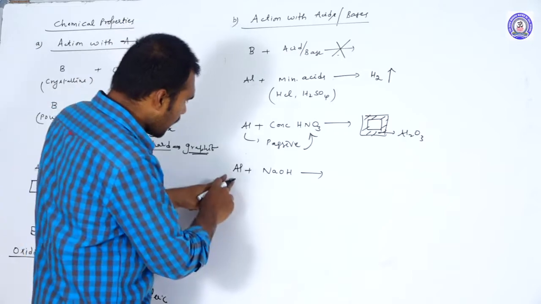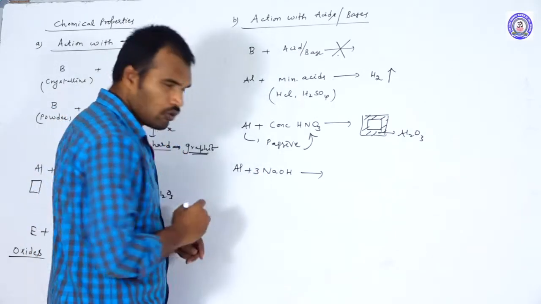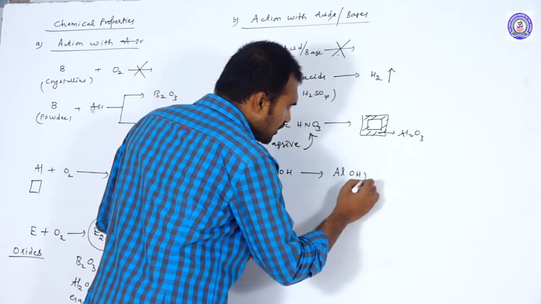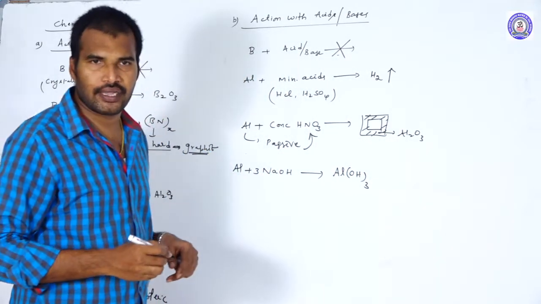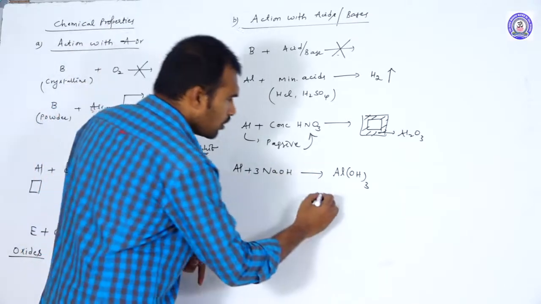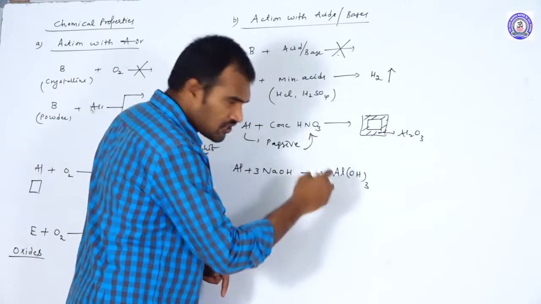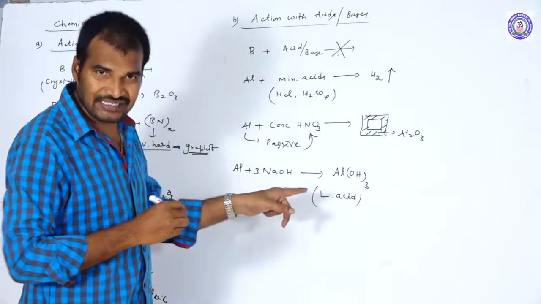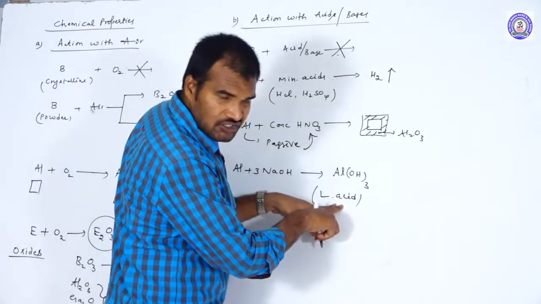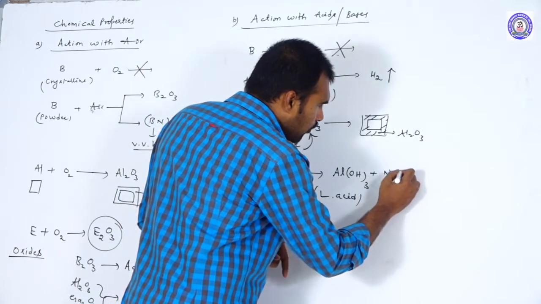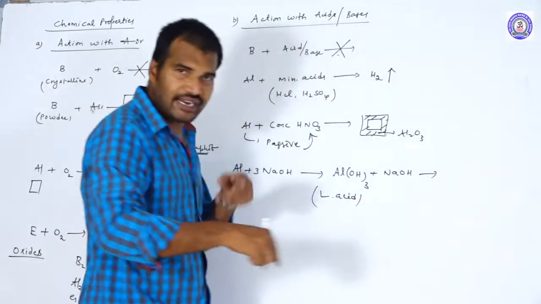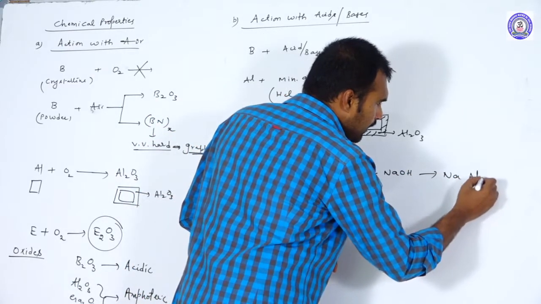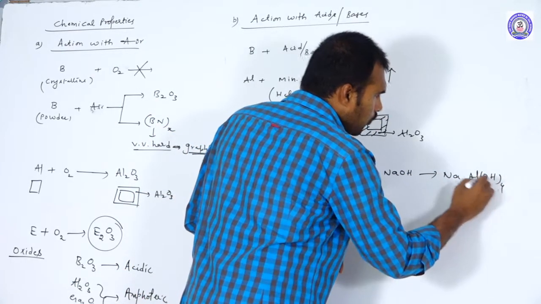So when aluminium reacts with 3 moles of NaOH, first of all we will get Al(OH)3, aluminium trihydroxide, but still it is electron deficient and acts as what? Lewis acid. Because of its acidic nature, it reacts with one more NaOH. Now we will get NaAl(OH)4.